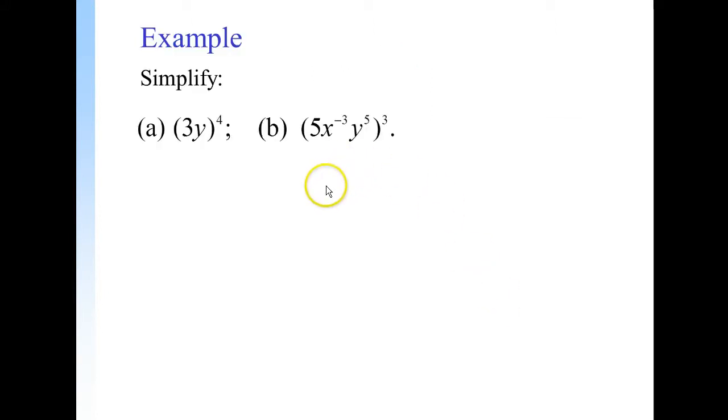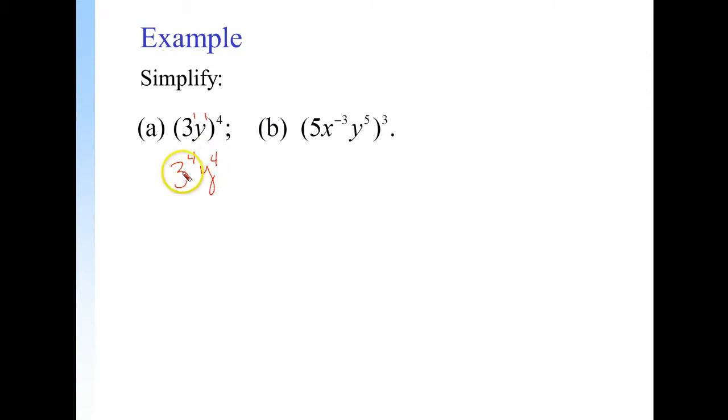So let's check this one out. So here we're going to have, remember there's a 1 there and a 1 there. We're going to multiply. So this becomes 3 to the 4th, y to the 4th.